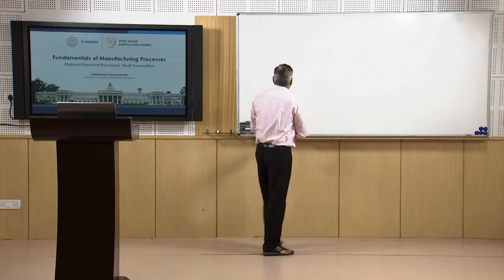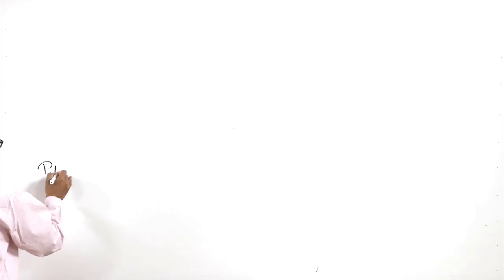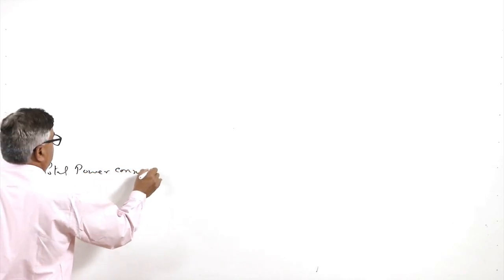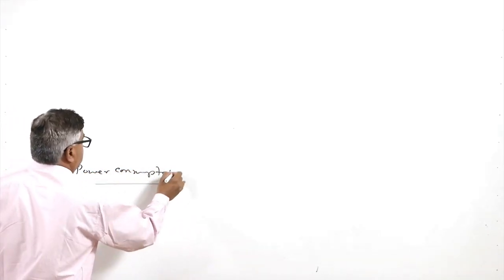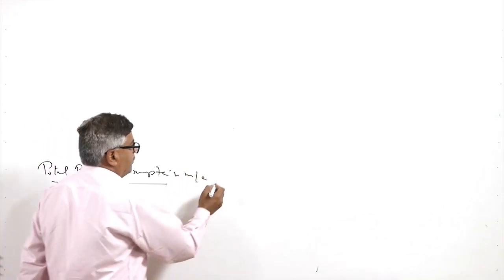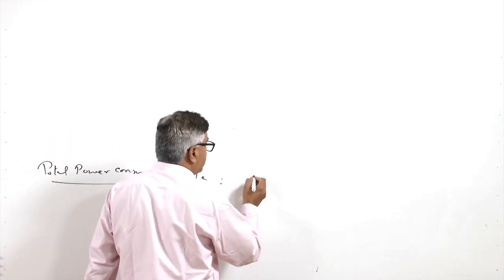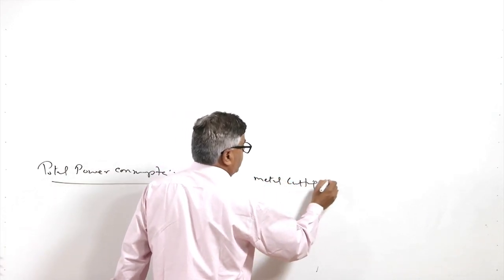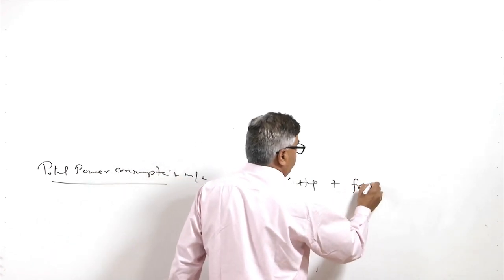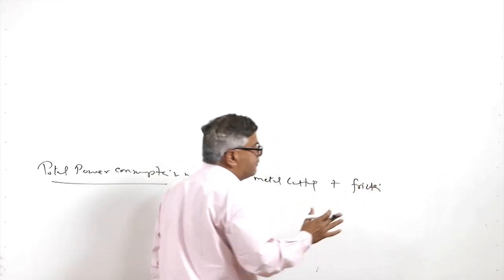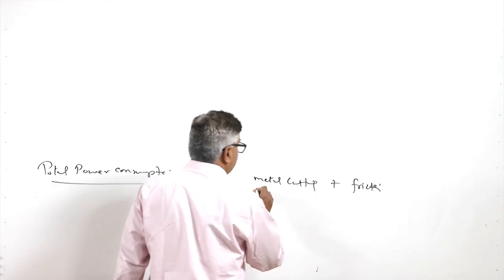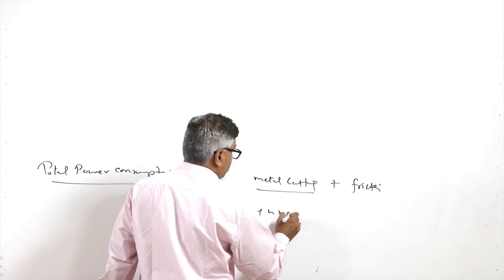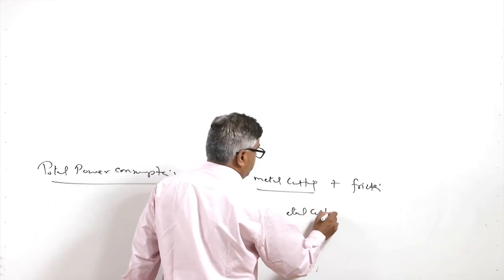Say the total power consumed in machining: most of the power is used in the metal cutting, plus some power goes to overcome the friction of the moving parts.